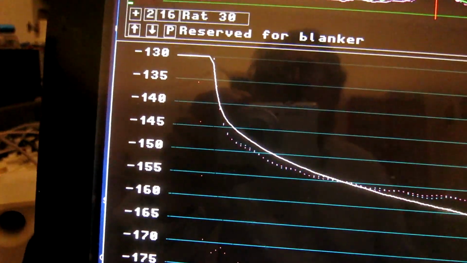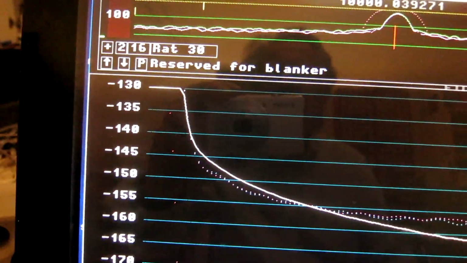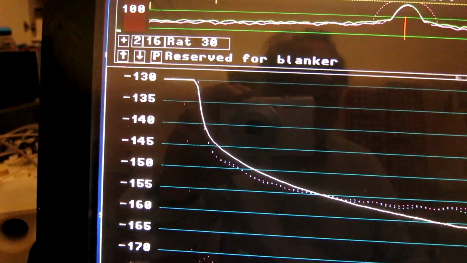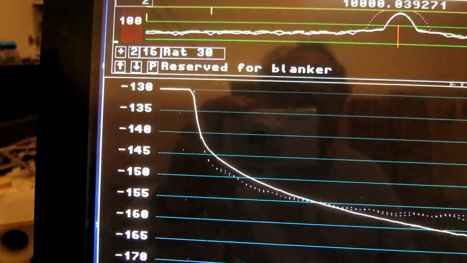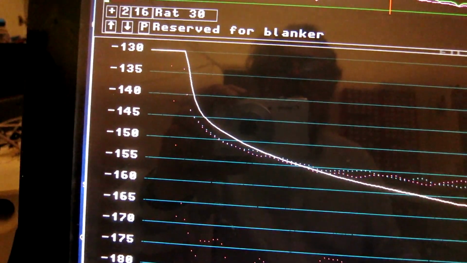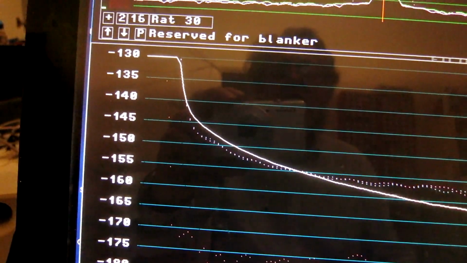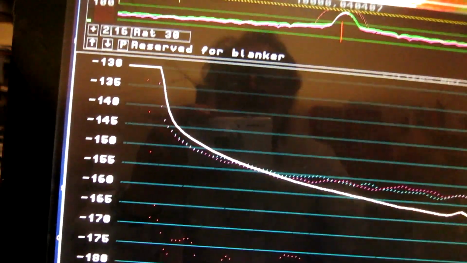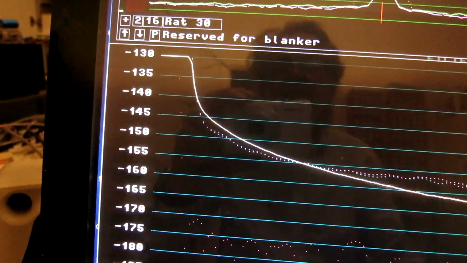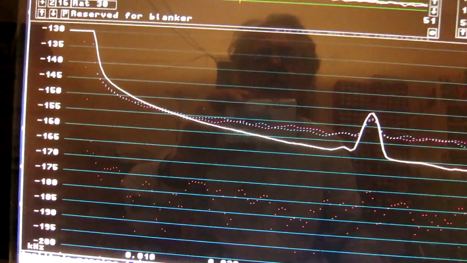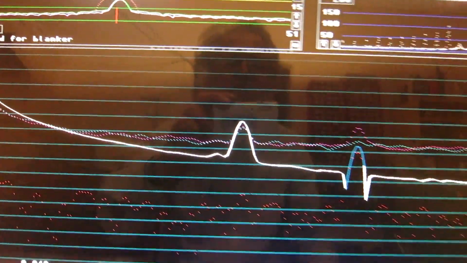On the other hand, very near DC, here is the 2 diode structure, and here is 6 diodes. There is a small change here, and I don't know what it means, but the differences are small.